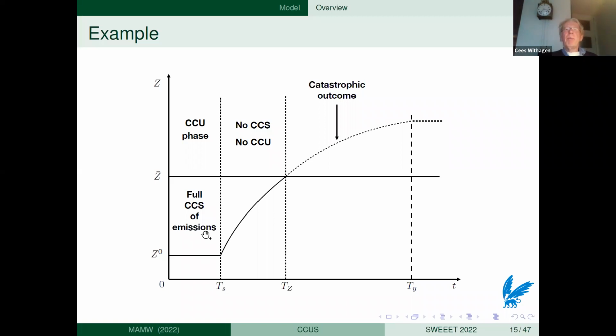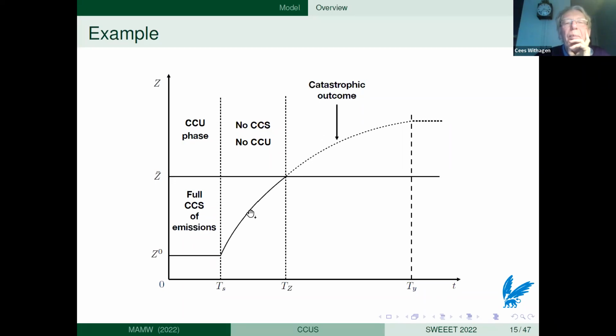Okay, so a possible picture would be as follows for the stock of atmospheric CO2. So we could start at time 0 with the initial stock. Then we could keep it constant, for example, by using utilization and not using insertion in inert wells.